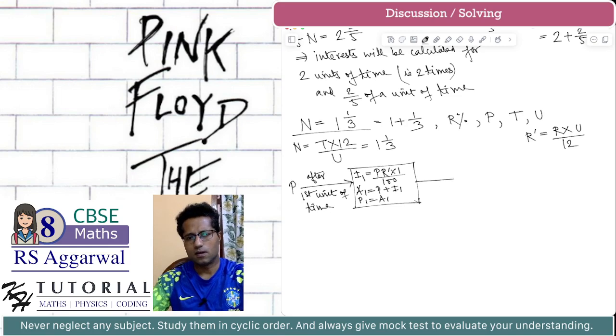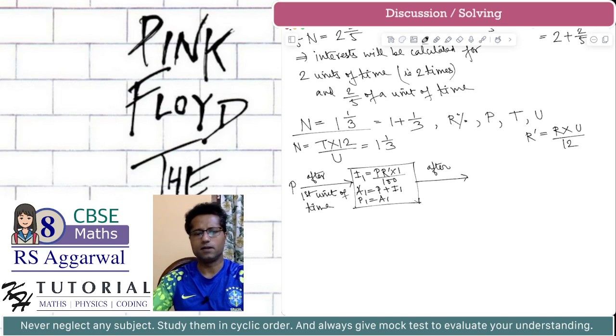Now how many units of time do we have? We have 1/3. Now we have to see it will not be after the second unit of time, but it will be after 1/3 of unit of time.